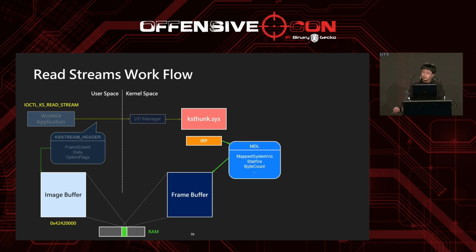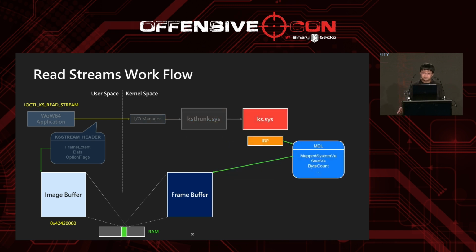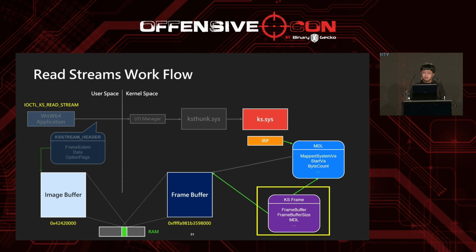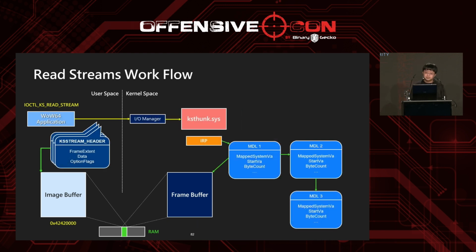Then KSUNC will set up the MDL and map the frame buffer. After that, it passes the IRP down to KS for further processing. Since the MDL has already been created by KSUNC, KS will not allocate a new one. Then it will allocate a KS frame to handle the frame. Moreover, if we request multiple frames at once, KSUNC will pre-allocate all the necessary MDLs and the frame buffer mappings.